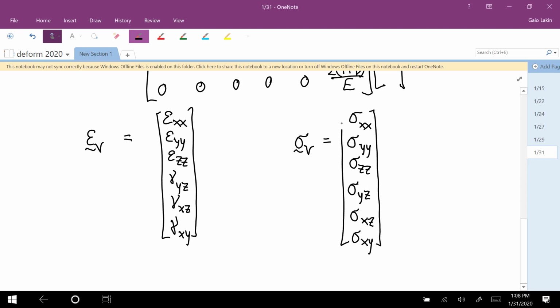And that means the exact same thing as, so the first 3 are still sigmas, but the shear stresses are often written as taus.